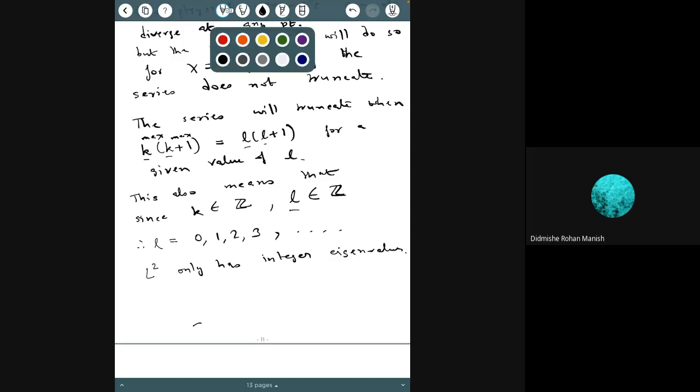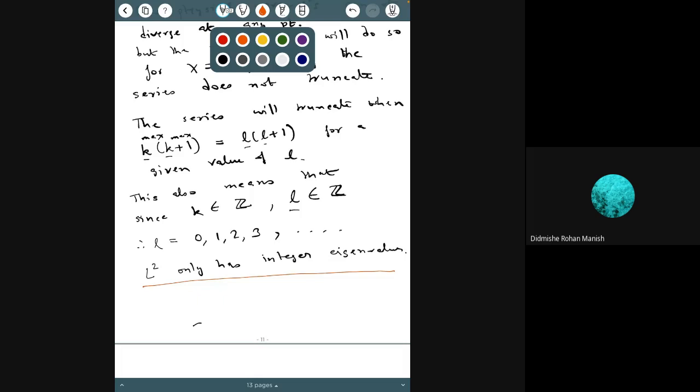Okay, so this is a very important thing which was not obvious to us at any point: L squared only has integer eigenvalues. And one more point, similar to the harmonic oscillator.